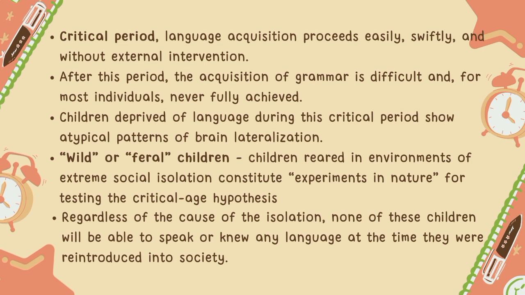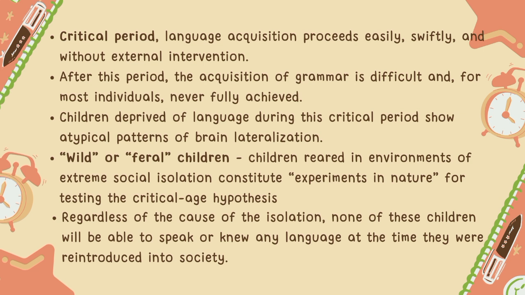So, children who do not receive adequate linguistic input during the critical period exhibit unusual patterns of brain lateralization. This means their brains do not develop the typical hemispheric specialization for language functions. Now, wild or feral children who grew up in extreme social isolation serve as natural experiments for testing the critical age hypothesis.